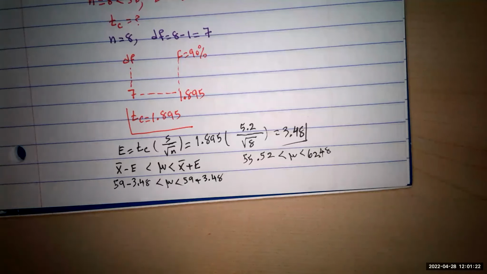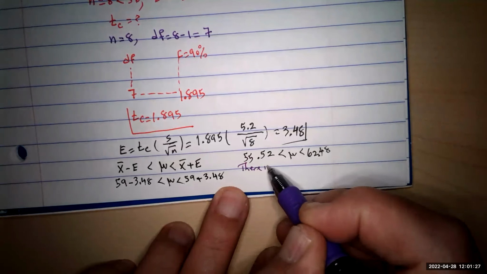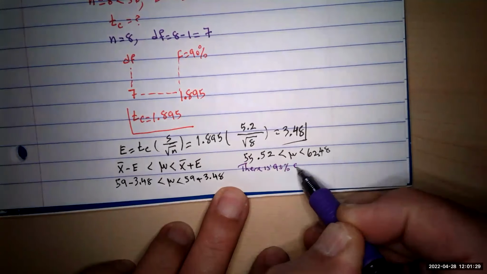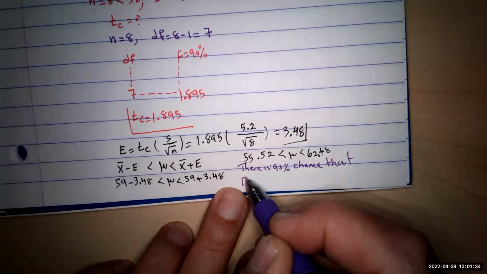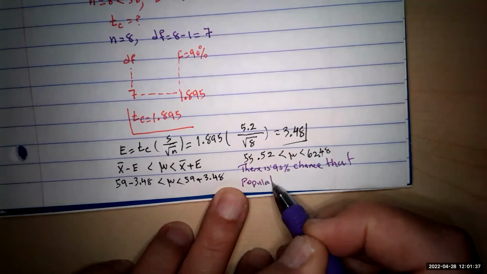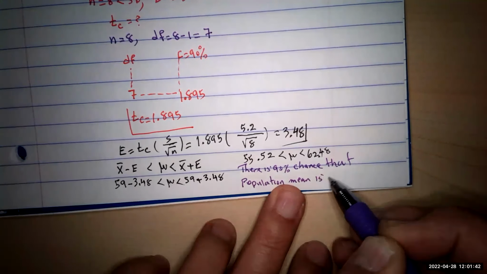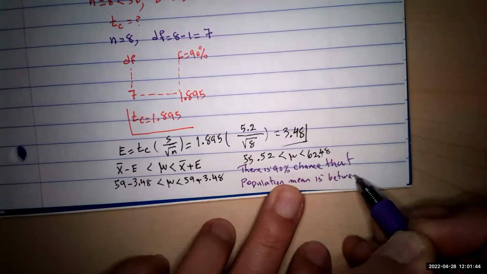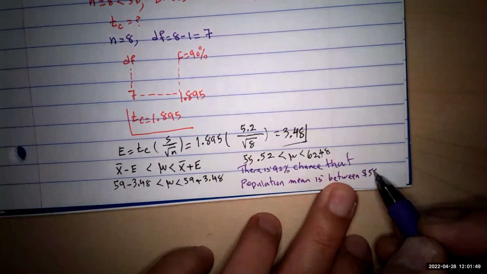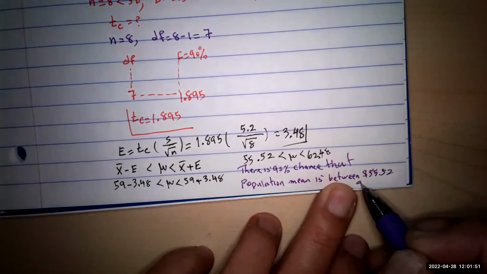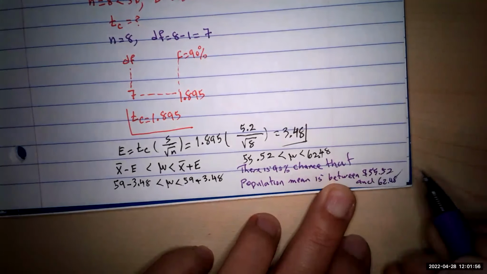You make a comment, the comment is going to be 90%. So there is 90% chance that the population mean is going to be between $55.52 and $62.48.